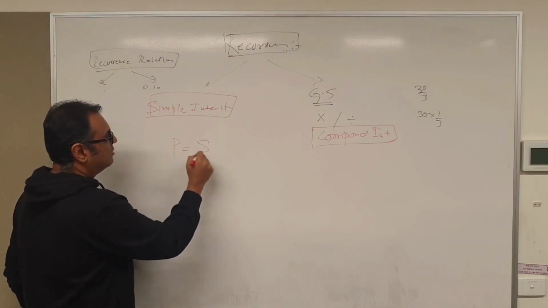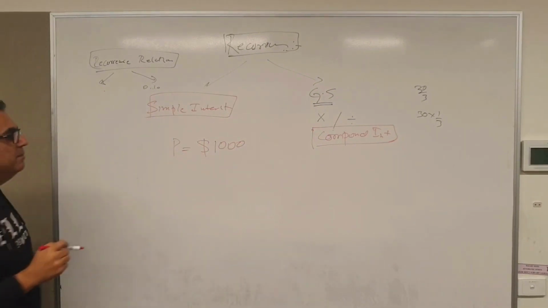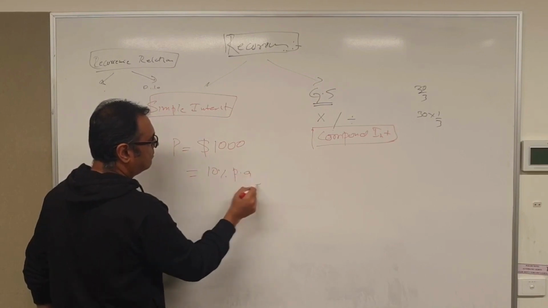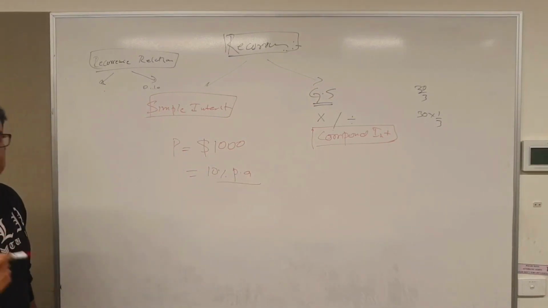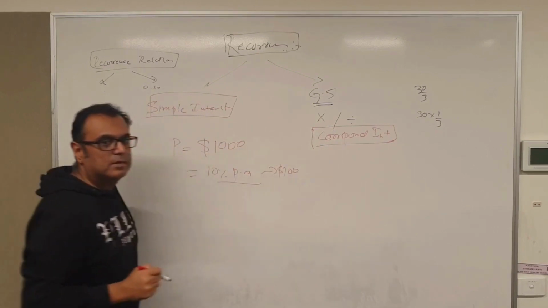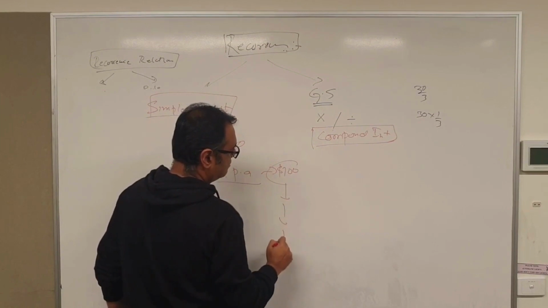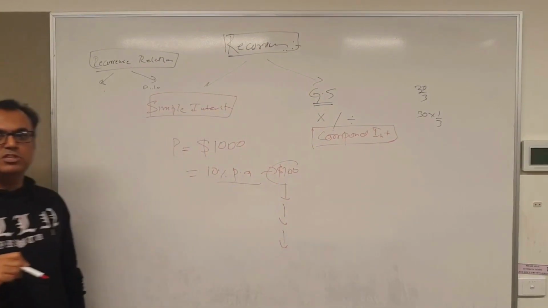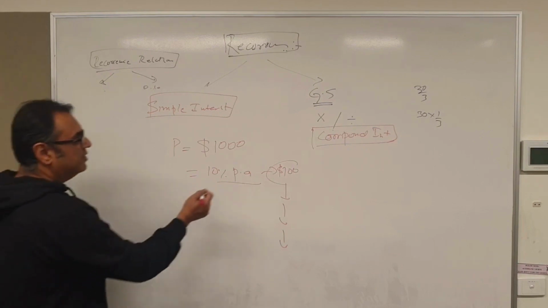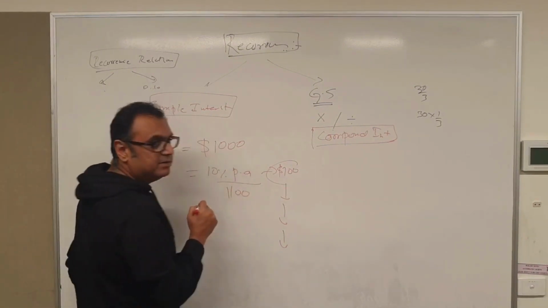I invested $1,000, and the bank is paying me 10% per annum, which means every year. So 10% is what? $100. Let's say the bank keeps paying me $100 every year. Which interest? It doesn't change. At the end of first year, if the bank's giving me $100, my balance would have been $1,100, right?